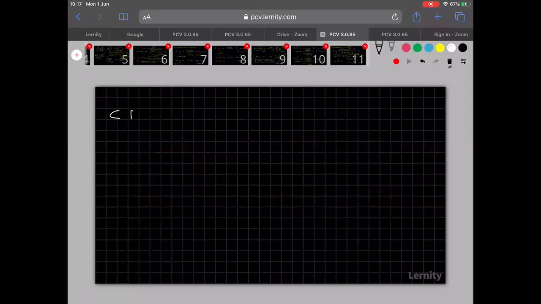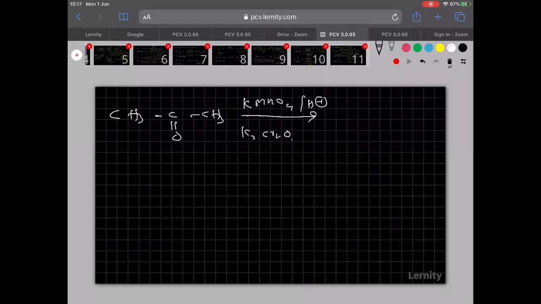See clearly, CH3-CO-CH3. We have to use a strong oxidizing agent like KMnO4 in acidic medium or K2Cr2O7 in acidic medium. As I told you, these are strong oxidizing agents, so any one of them can be used here.